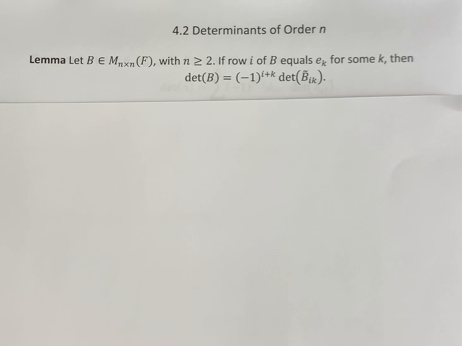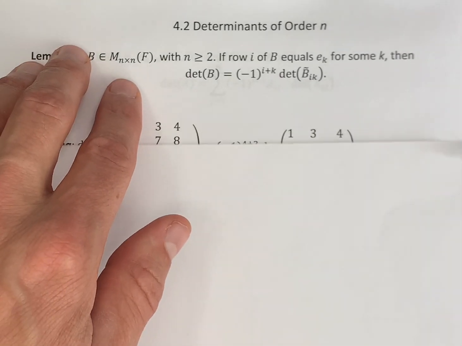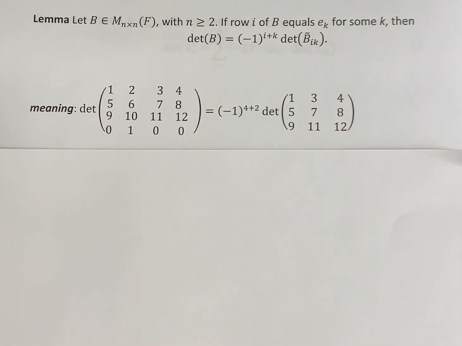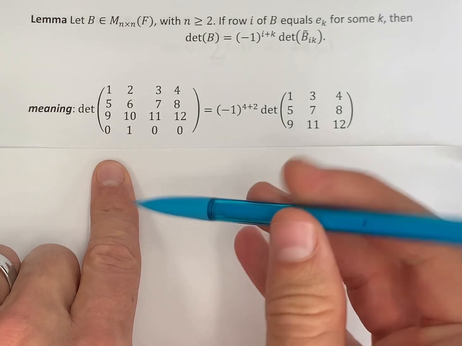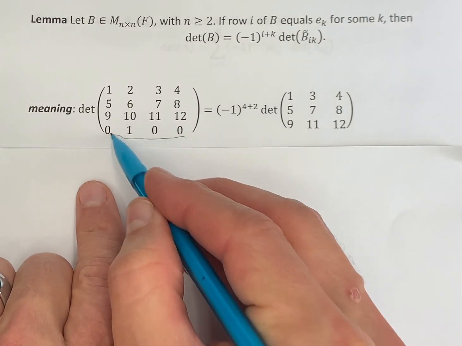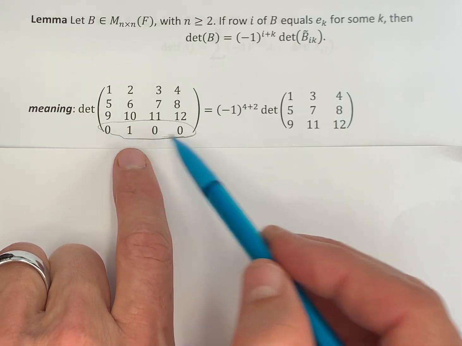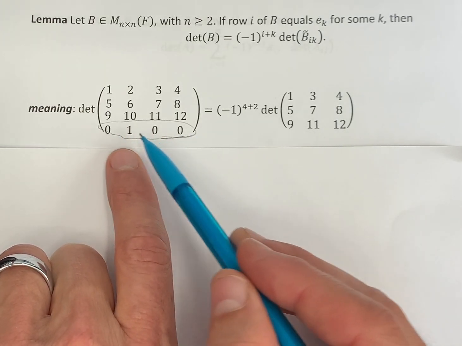So the book has a proof of this, but I think the most challenging thing for me is just to make sure you understand what's actually happening here. So what does this actually mean? Can you see how this matrix here, the fourth row, is one of the canonical vectors, right?